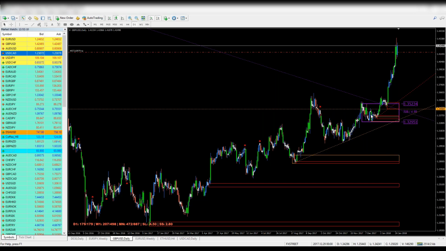You can notice that we have this area here, and price came back to this area here. But what I do like is this, and why do I like this? That's because if you do the questions that we talk about, we had an upward sloping trend line. This area of supply broke it.